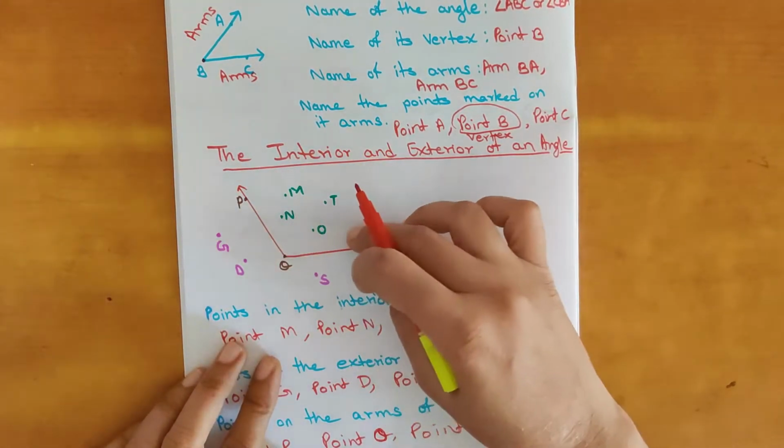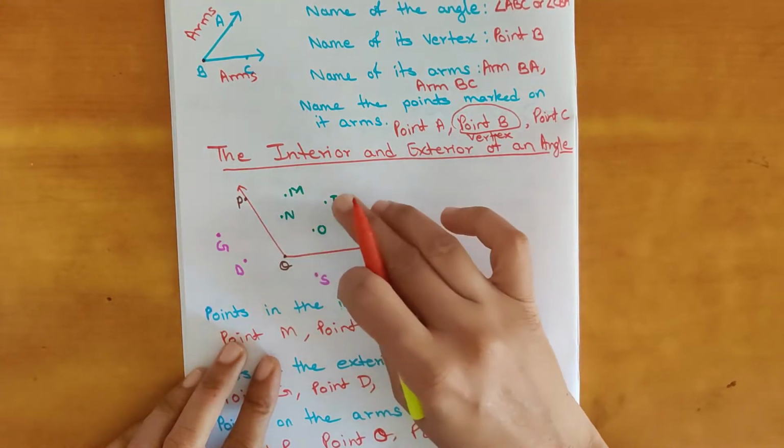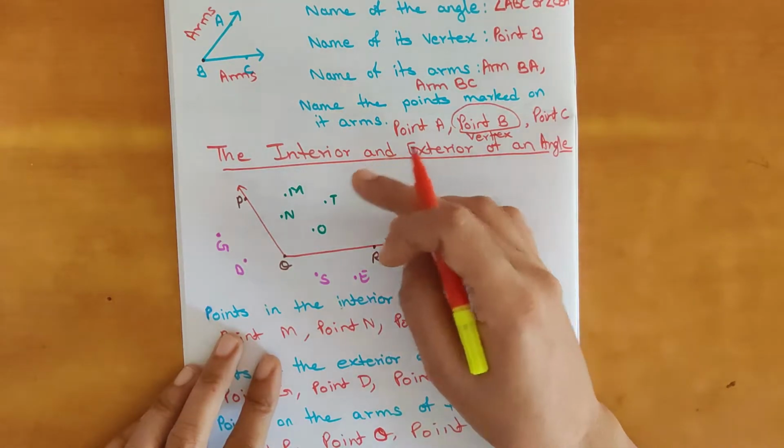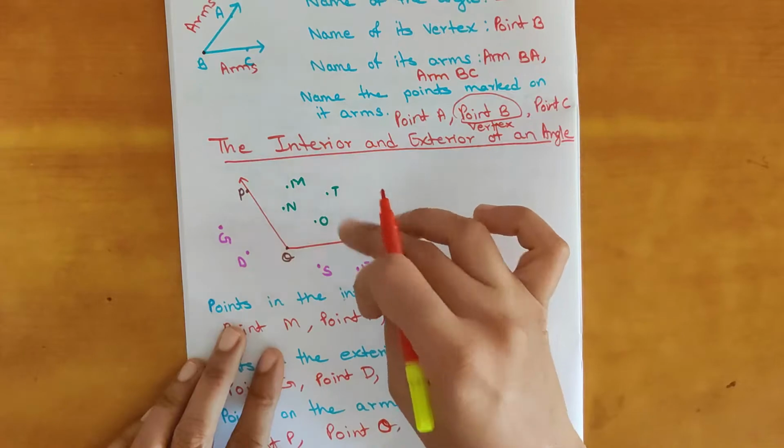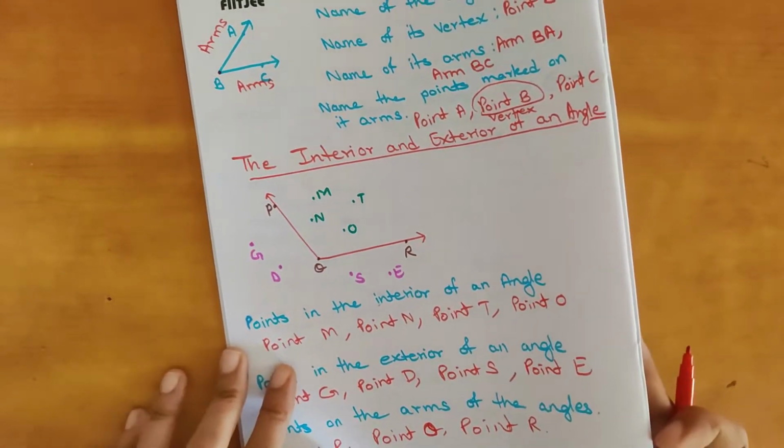The points which are lying in the interior part are called interior points. The points which are lying on the exterior are called exterior points, and points which are lying on the angle or on the arms, they are called points on the arms.